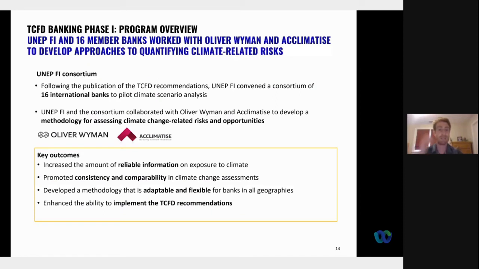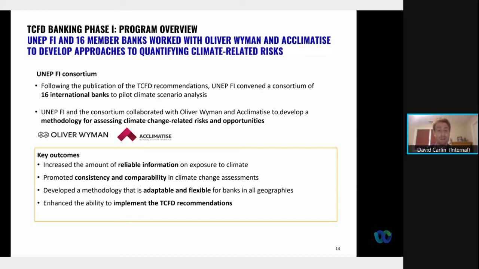If we go to the next page, we'll rewind a little bit back to where the program started and in that way discuss some of the resources generated. The initial work began in 2017 after that first consultation from the TCFD, where they discussed how to release climate relevant financial information.